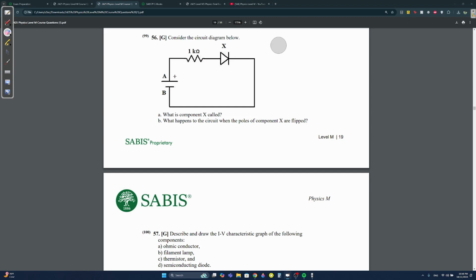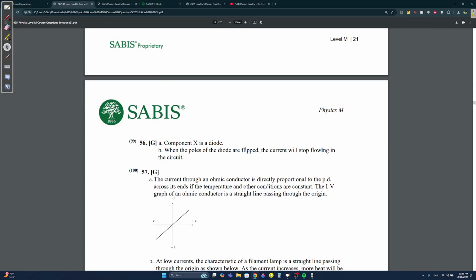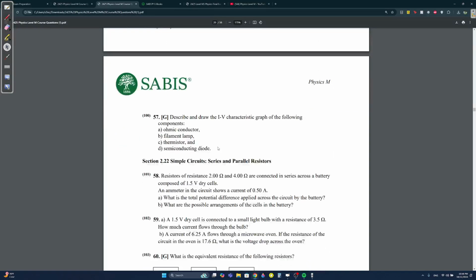But let's say you flip it like this. See this pole here? The current's going to come here, and the pole's going to be like, no, you can't pass, and basically the circuit stops operating. So if the diode is flipped, the circuit becomes open and current may not pass.